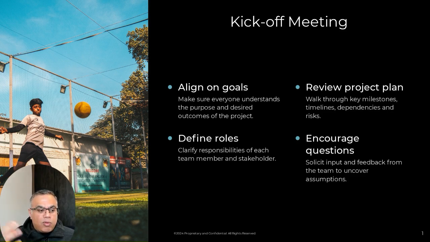And you've now run through your project plan saying, we estimate on a high level with your key milestones, your timelines, your dependencies, and the risks that you encounter. And if there's any budget requirements, you need to cover that, because if you are selling to a customer end, then you need to cover that. But finally, the biggest one I would say is encourage questions, solicit input and feedback from the teams to uncover any assumptions, anything you've guesstimated as part of your project, so that you can make adjustments.